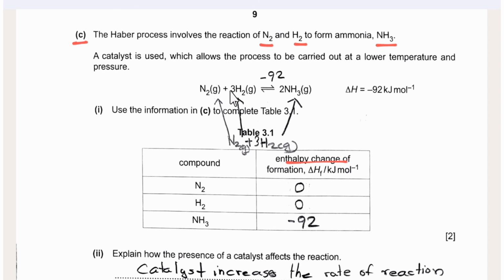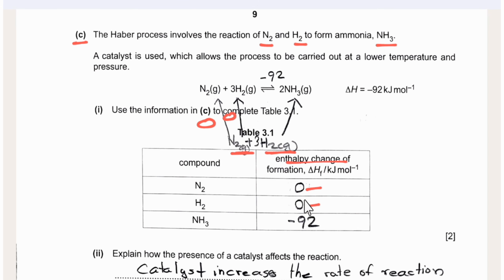Nitrogen reacts with hydrogen to form ammonia. Initially it is nitrogen in gaseous state and hydrogen in gaseous state. For the formation of these elements, we can see that the nitrogen remains the same and hydrogen also remains the same. Both are in gaseous state. Since there is no overall change, the enthalpy change of formation is 0, since nothing is really formed.